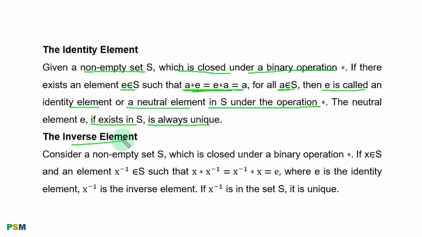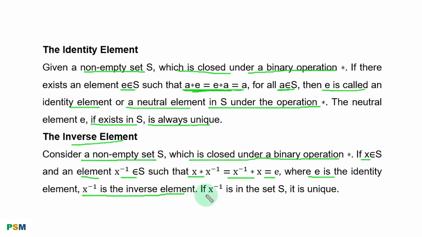The inverse element. Consider a non-empty set S which is closed under a binary operation asterisk. If S is a member of the set S and there is an element S inverse member of S, such that S asterisk S inverse equal to S inverse asterisk S equal to E, where E is the identity element, then S inverse is the inverse element.